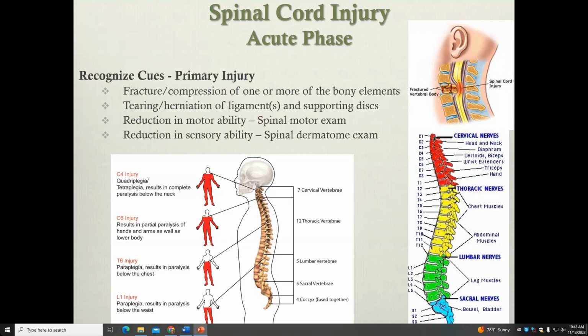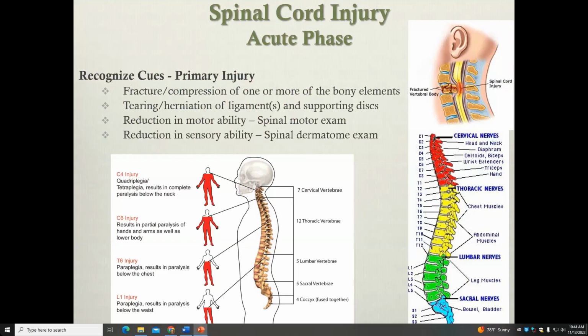And you can see that everything cervical is everything up here and to your, basically your shoulders and all the way to your upper extremities. So any cervical injury is going to involve you're going to lose everything below your upper extremities, okay? Because that's where your break in the spinal cord is.